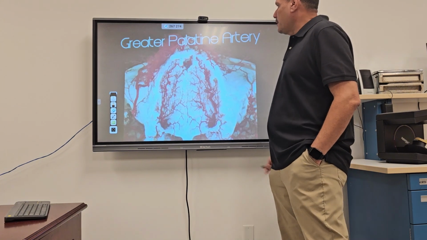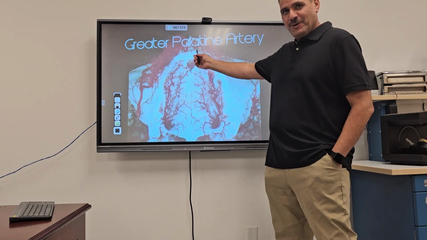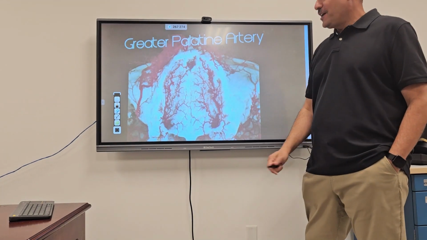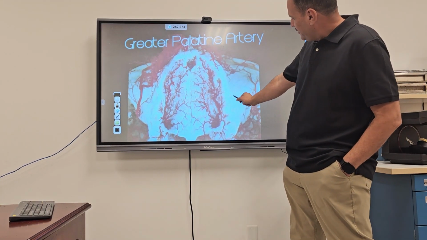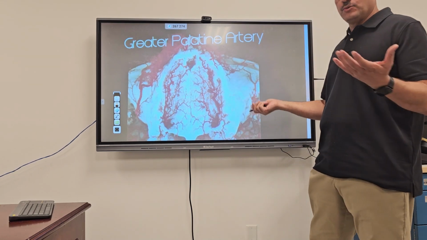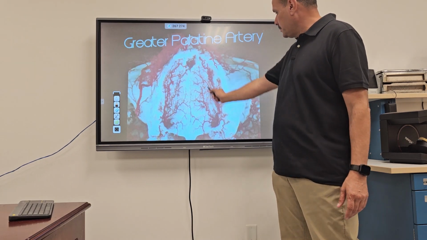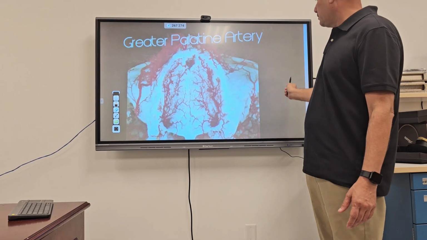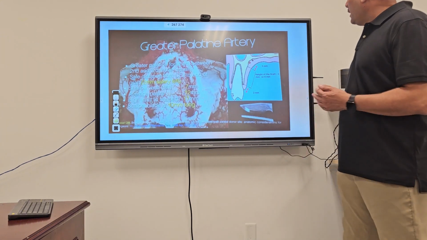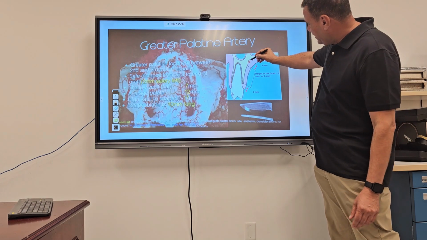And this is the greater palatine. Really great. All this is very vascular, and goes across around to the teeth area or residual area. That's the greater palatine. This is the nasopalatine. It's smaller, but the greater is what they call the greater palatine. And when we have teeth, they're located here.